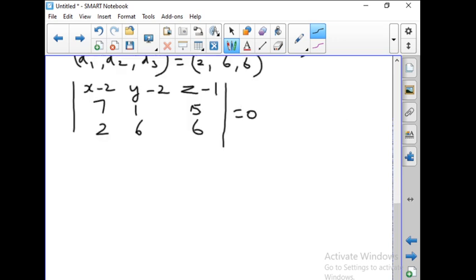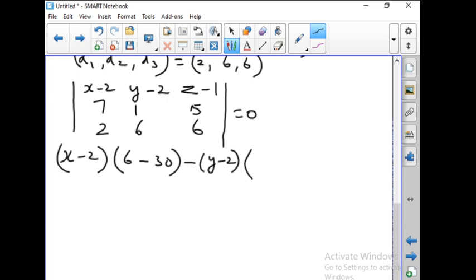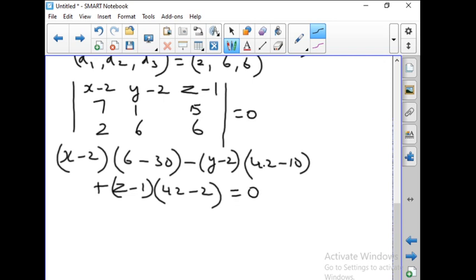Expand this now. x minus 2 into, what do you get? 6 minus 30, minus y minus 2 into 42 minus 10, plus z minus 1 into 42 minus 2, equal to 0.